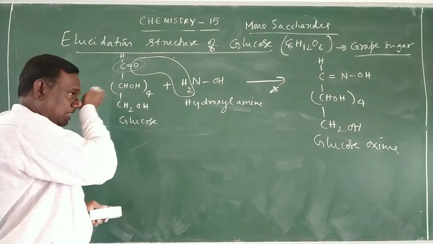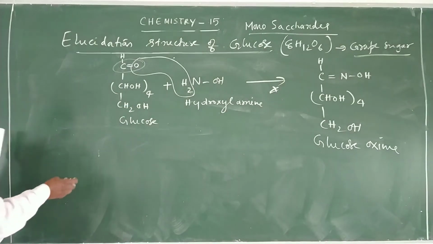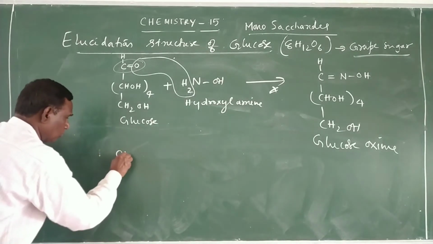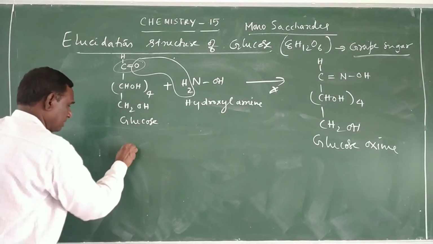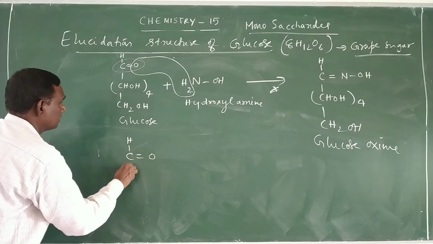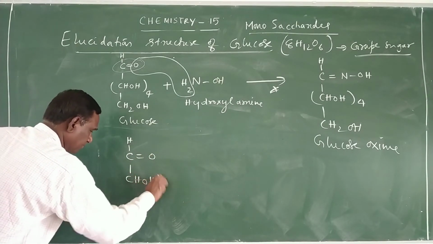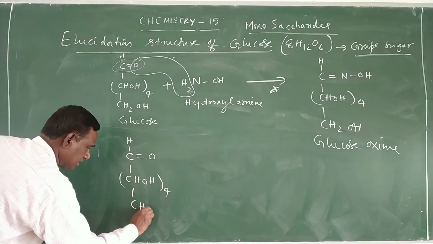Let me write another reaction here. That is CH double bond O, CHOH four times, and CH2OH. This is glucose.